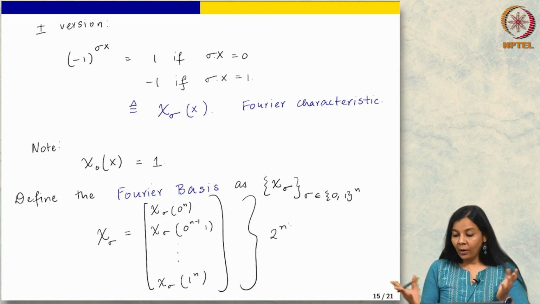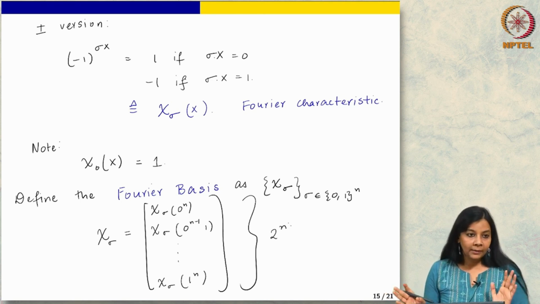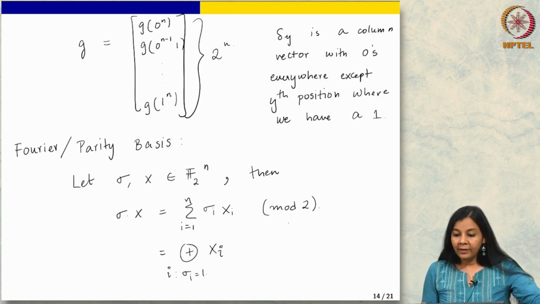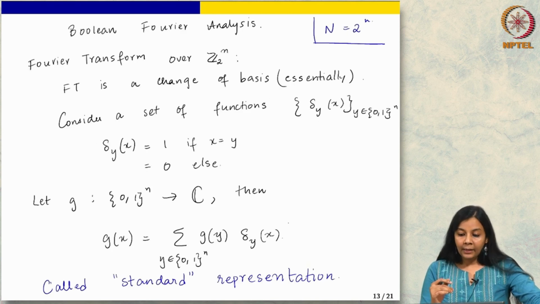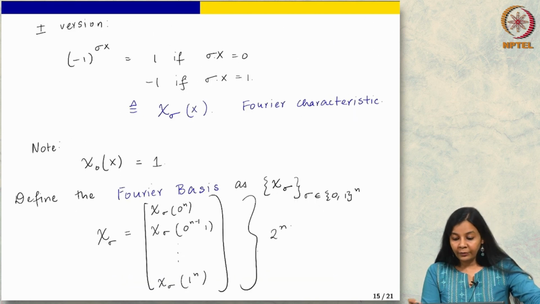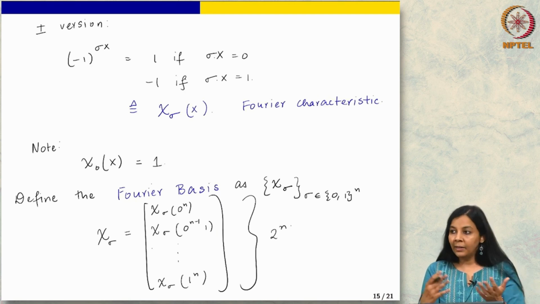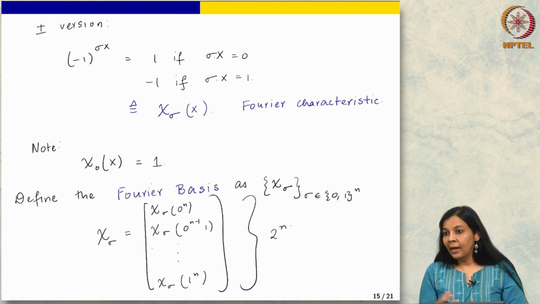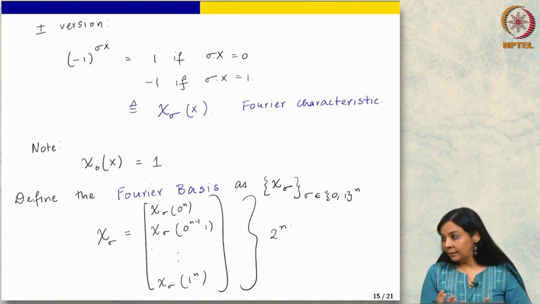So, what did we do? We just defined a set of vectors. Previously also we had done that. There we were using these delta y's, now we are using chi sigma. It is a different set of vectors. I need to prove to you that this is indeed a basis.